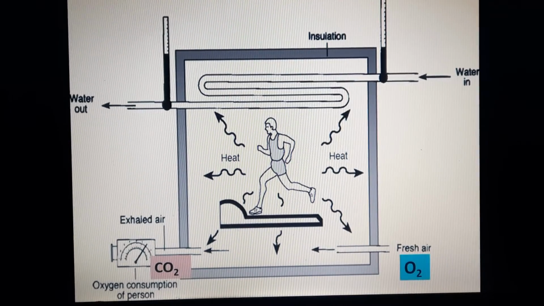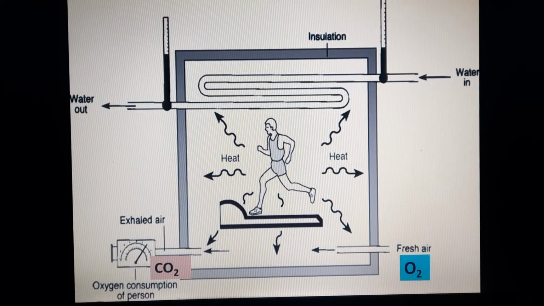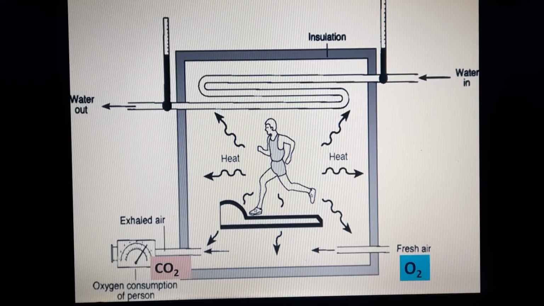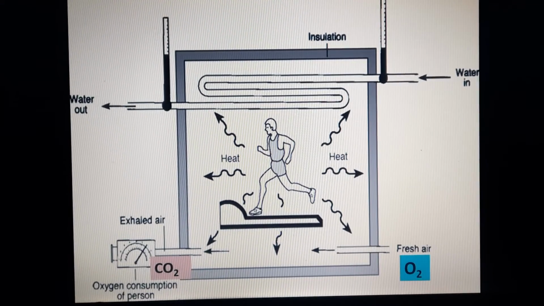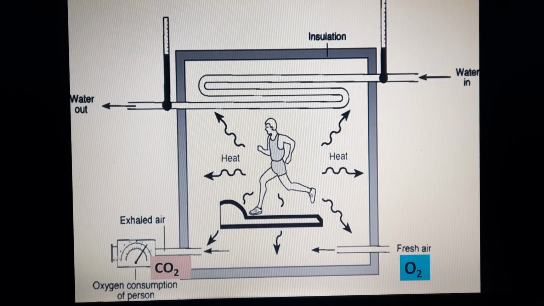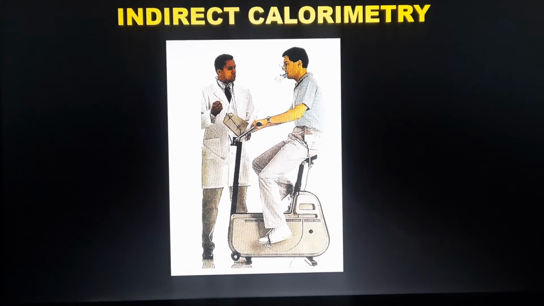This type of measurement of the heat content or caloric requirement is complex and a little bit difficult, while indirect calorimetry is a comparatively easier way to measure the caloric requirement.